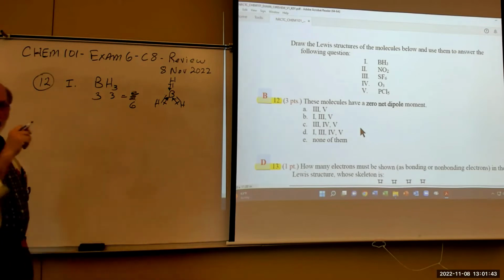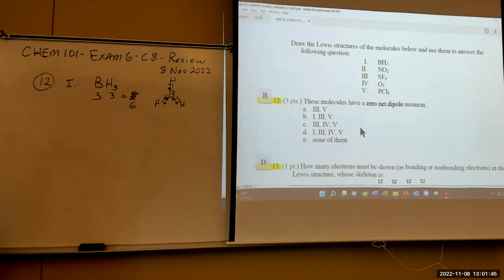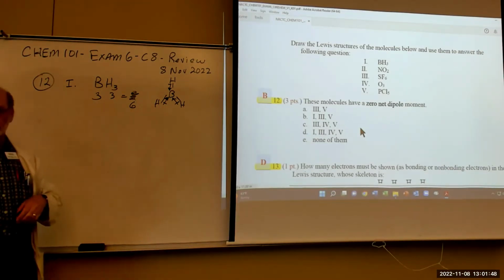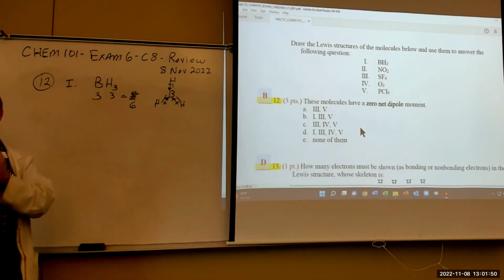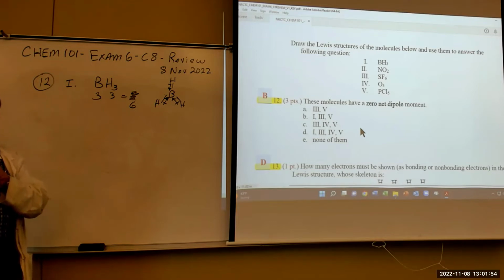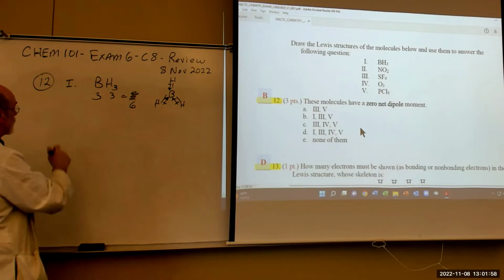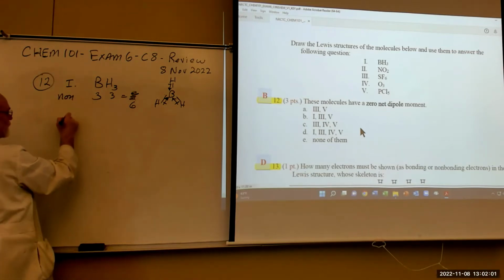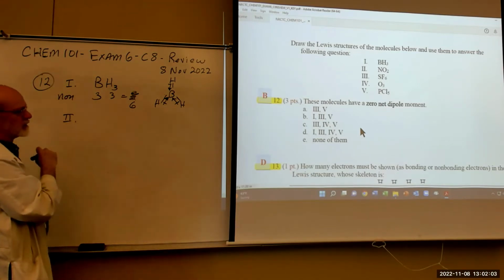Remember what I said about determining the dipole moment of a molecule? You got to know 2 things. The dipole of the bonds. Do you have dipolar bonds? And what's the geometry? So that was nonpolar.